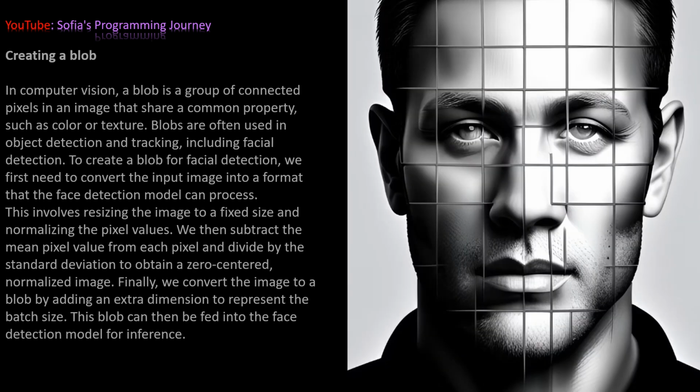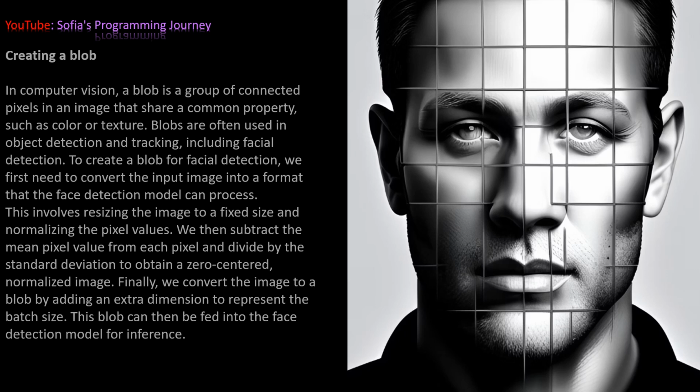In computer vision, a blob is a group of connected pixels in an image that share a common property, such as color or texture. Blobs are often used in object detection and tracking, including facial detection. To create a blob for facial detection, we first need to convert the input image into a format that the face detection model can process.